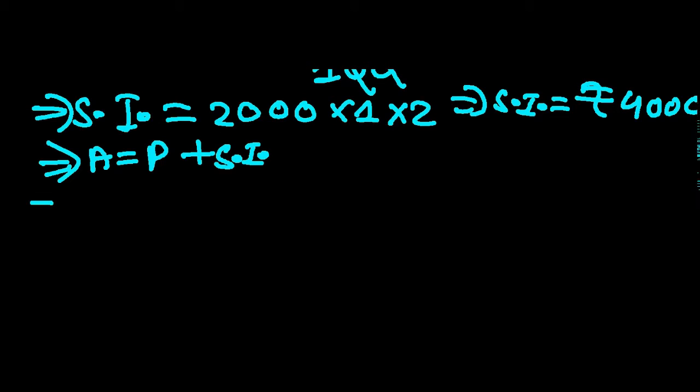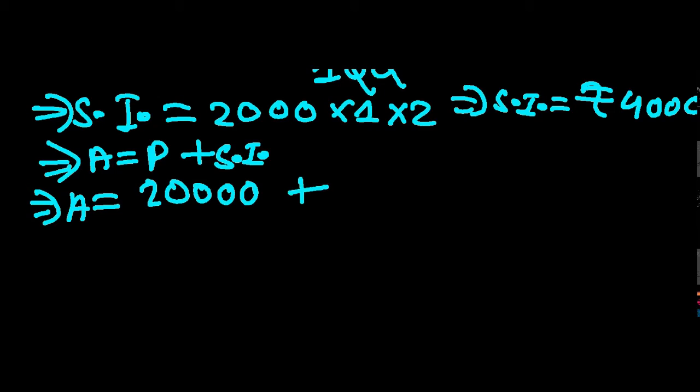Now we will write like this: A is equal to P, which is 20,000, and we will add this with the SI. SI we got as 4,000.